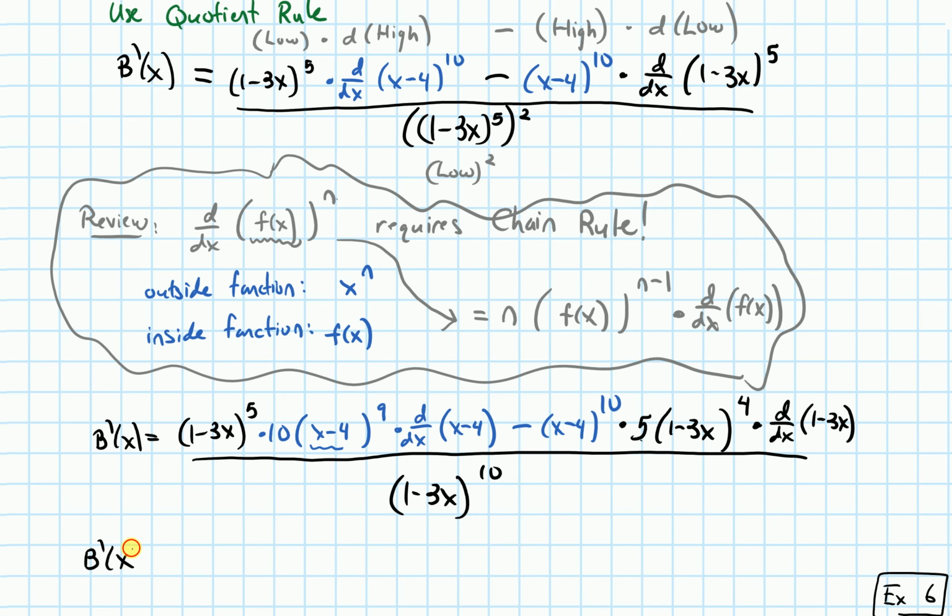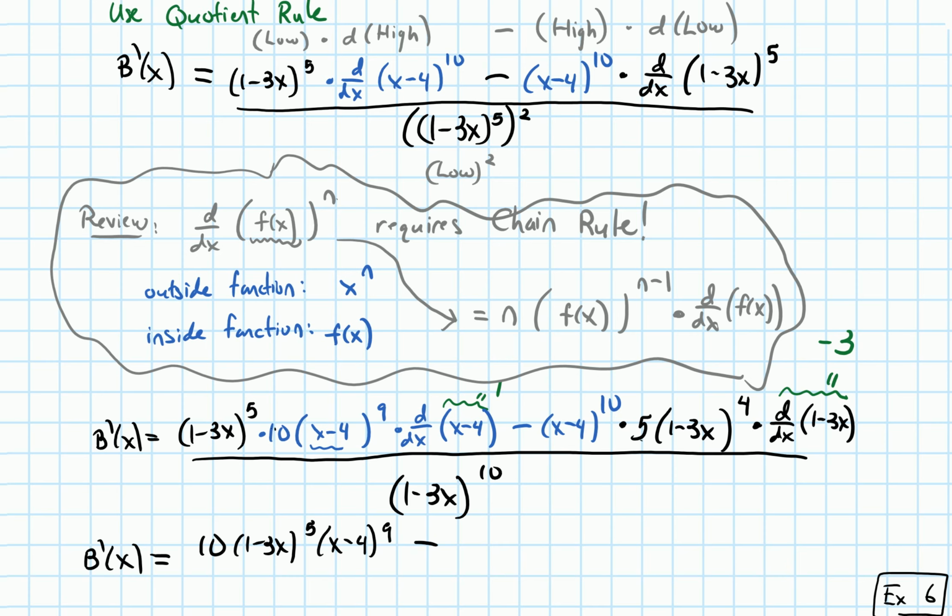So we have b prime of x equals, the derivative of x minus 4, that's not too bad, that's just 1. The derivative of 1 minus 3x, also not too bad. That's just negative 3. Now simplifying what we have on the numerator, the constant term in front is a 10, because I have 10 times 1, and that's 10. And then I'll have a 1 minus 3x to the 5, x minus 4 to the 9.